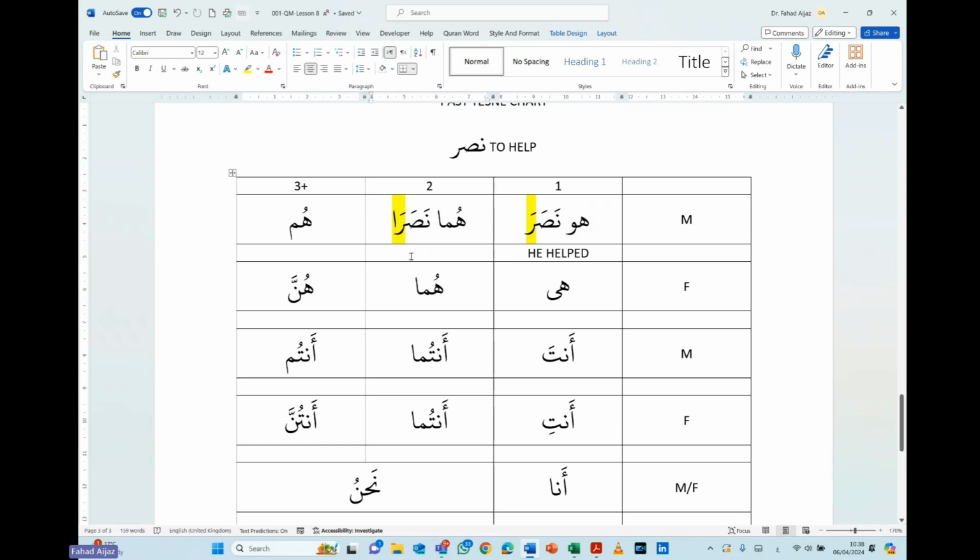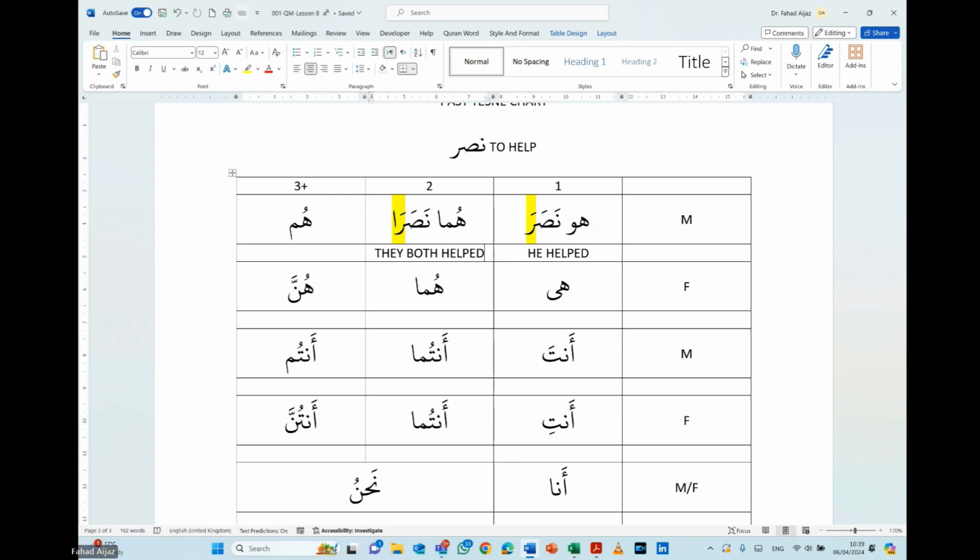Now, your job right now is not to be able to detect fi'ls by listening. You are identifying and recognizing fi'ls by looking. You need a word written in front of you to be able to identify what that fi'l is. Okay, we're not talking about listening comprehension yet. Okay, so now because this is huma inside, what you're going to say is they both helped, or both of them helped.